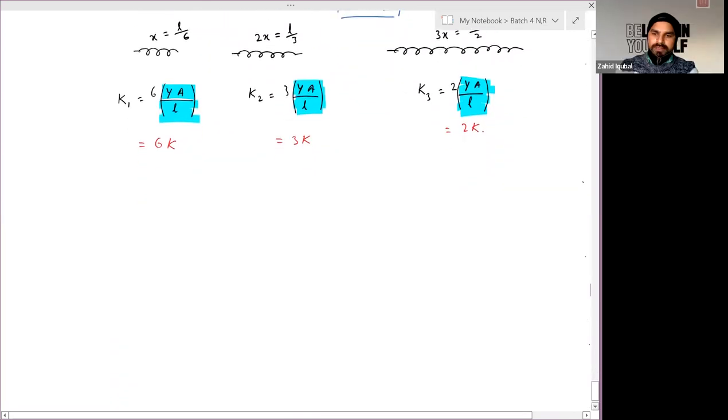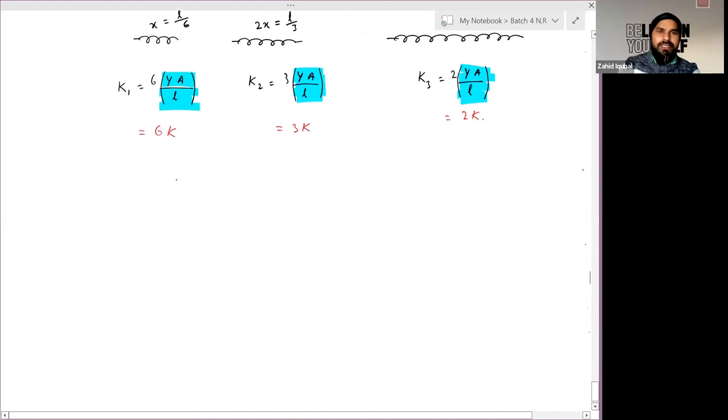Next is how to combine different springs and what will be the equivalent spring constant related to that combination. So first is series combination.